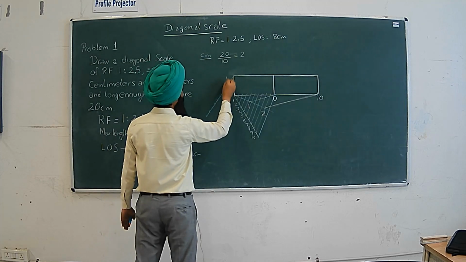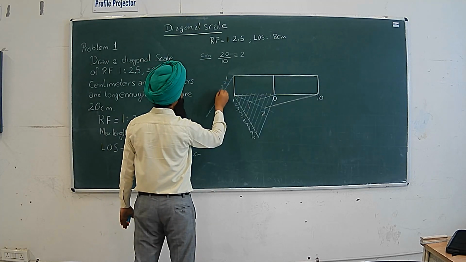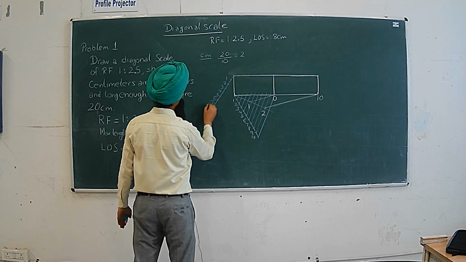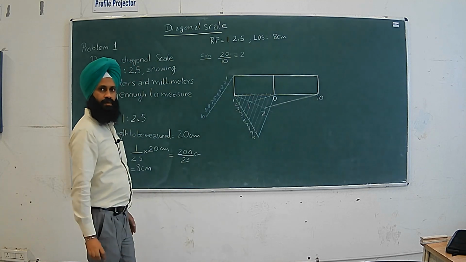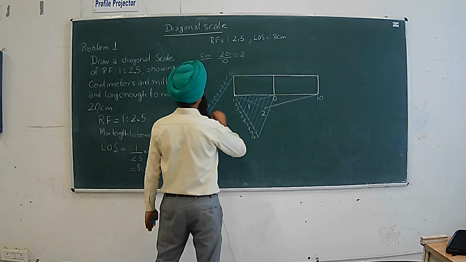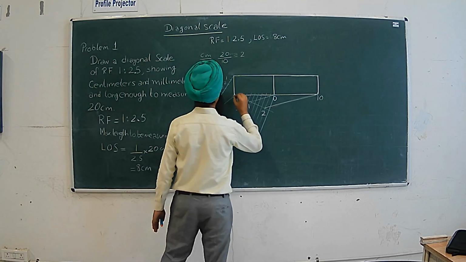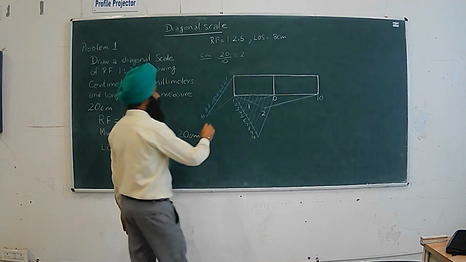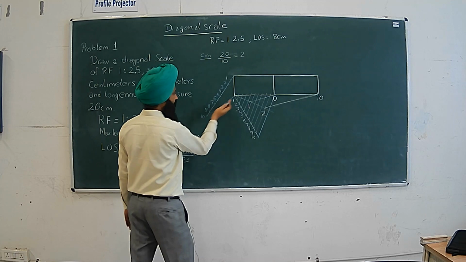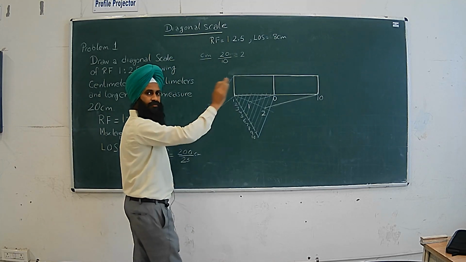So this is 1, 2, and join the 10th part with this endpoint. Now set the drafter in line with this line and draw the lines parallel from other points.